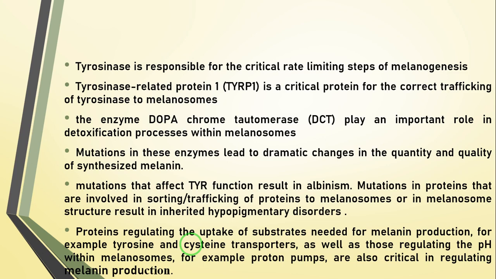So we have the tyrosinase, the tyrosinase related protein, the tautomerase enzyme, the transporters, which could be tyrosine or cysteine transporter into the melanosome, the protein that regulates the pH, and the proton pumps. Any abnormality or mutation in the genes that control these proteins may lead to a pigmentary disorder.